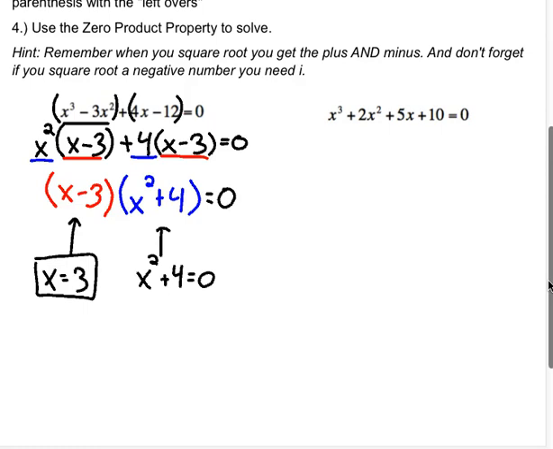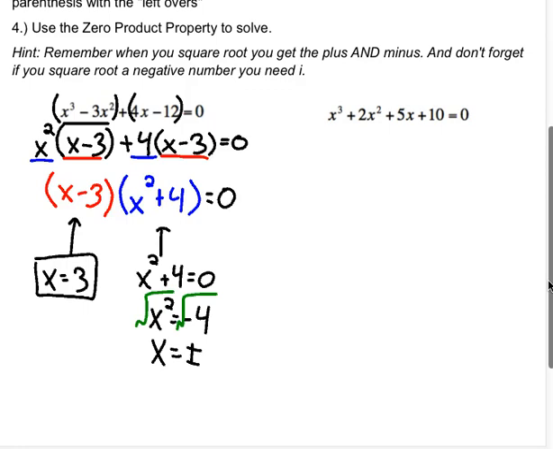So when you factor by grouping, one piece is going to be linear, so you can just get that x equals 3. The quadratic piece, you want to set equal to 0, and now you want to solve by square rooting. What that means is I'm going to subtract the 4 over. Then when I square root both sides, we need to remember the plus and minus.